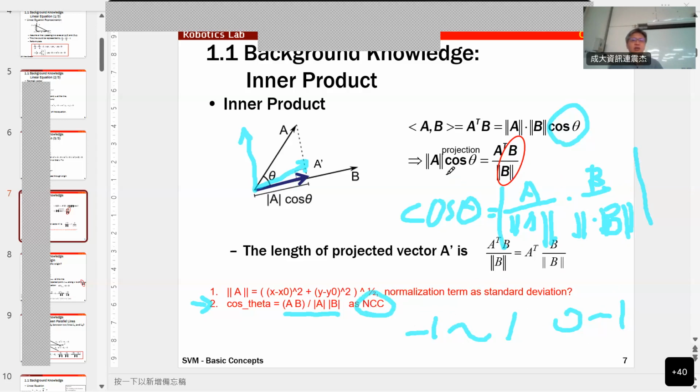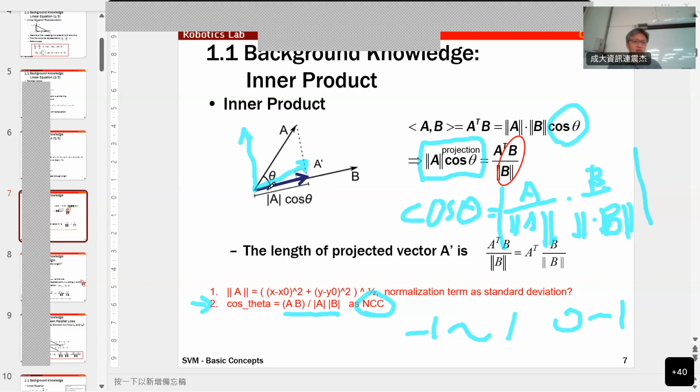Okay, and what is this one? What's the physical meaning of absolute? Absolute means the magnitude, the size. The absolute value represents distance, represents size. So this is the magnitude of A, and the magnitude of A times cosine theta is the projection distance here.